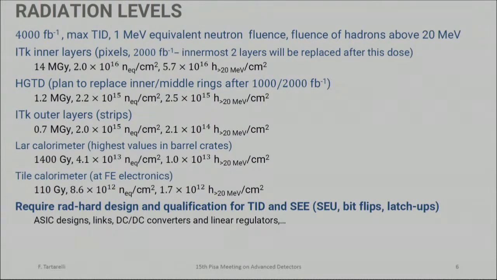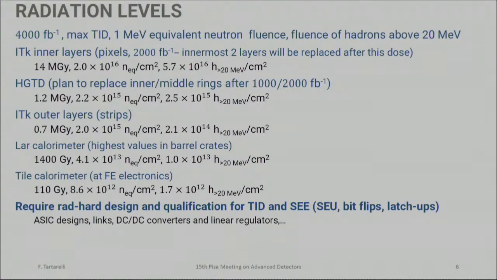And what are the radiation levels that we expect? I have tried here to summarize a bit the total ionizing dose, the neutron fluences, and the other effects. The worst situation, of course, is in the tracker closer to the beam, and for the pixel, where we have these doses here.